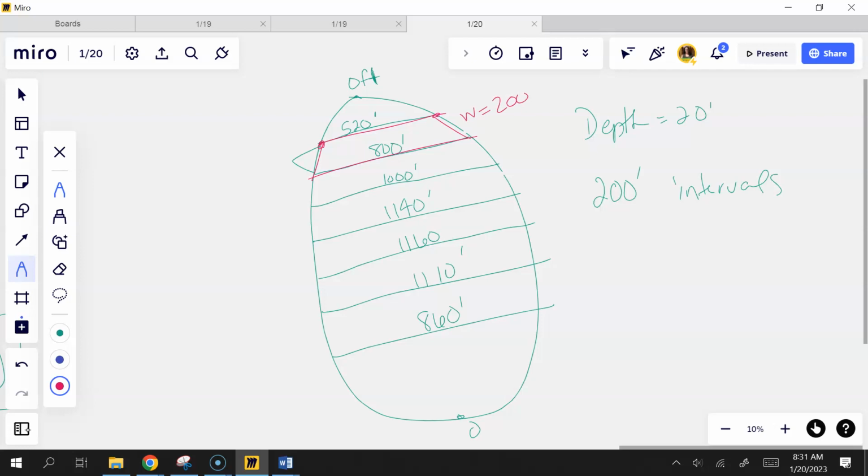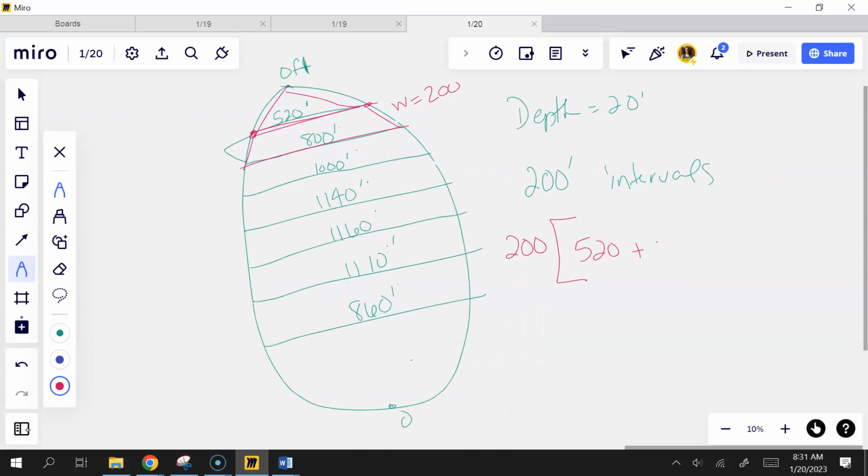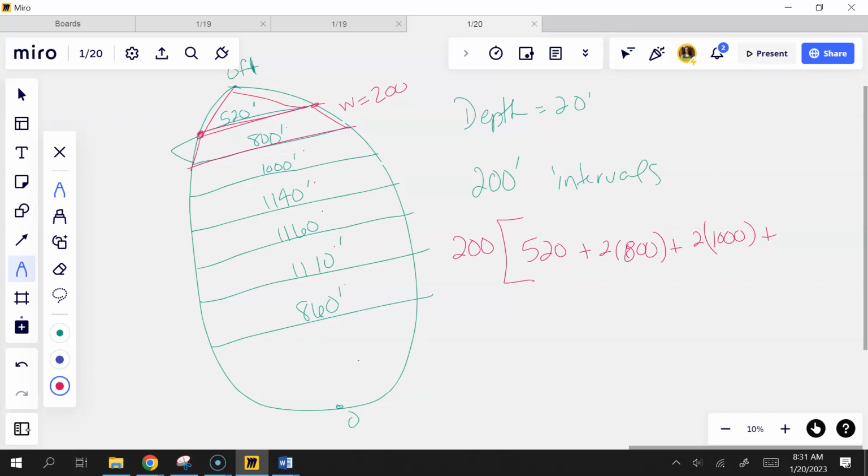So if I'm doing this, I would say, okay, and actually I missed one here. But I would say this is 1, 2, 3, 4, 5, 6, 7, 8 different intervals. My width each time is 200 times, and then I'm just going to start 520, and then 2 800s, and then 2 thousands, and all the way down.